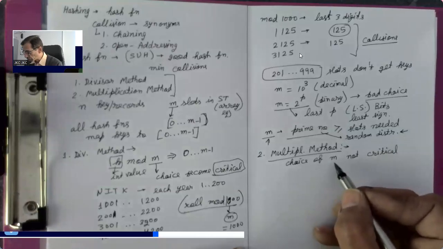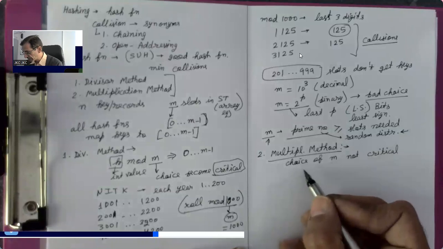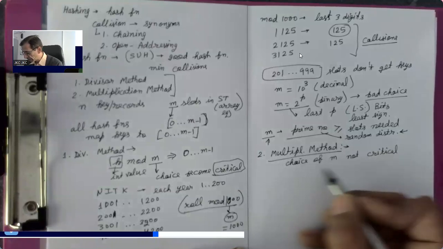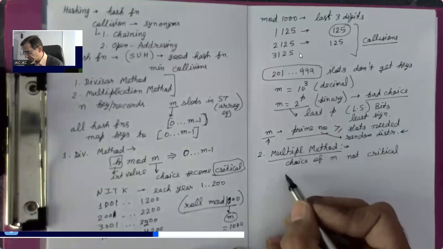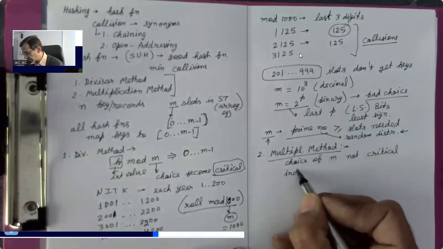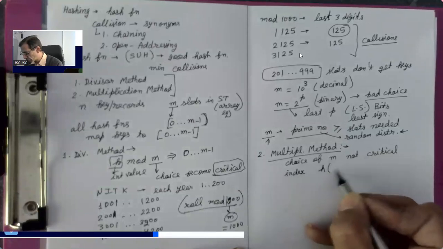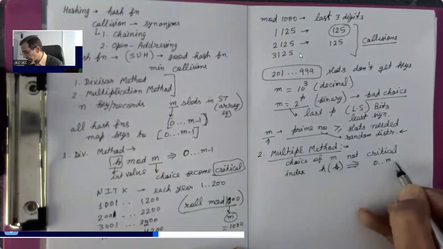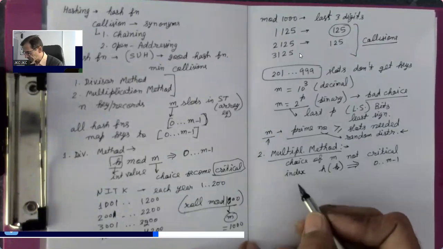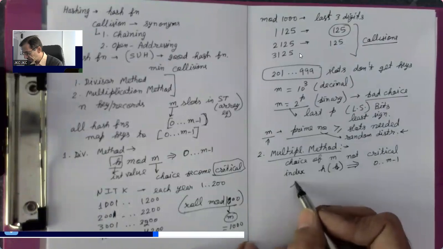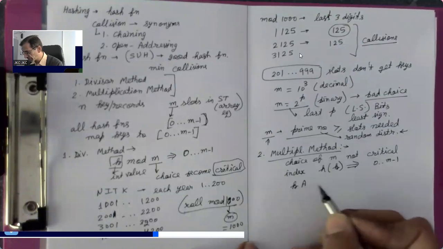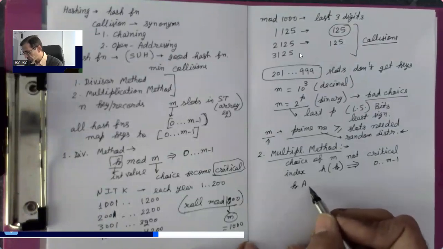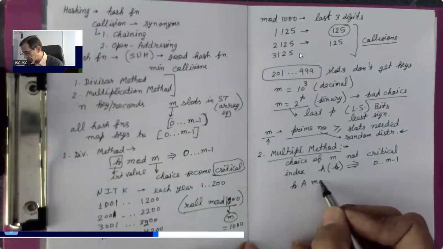But if I am not using that method, in the multiplication method I say my generated index, or my hash function, should lead to values 0 to M minus 1. One simple method for this is that K will be multiplied by some constant A. Then I will take mod 1.